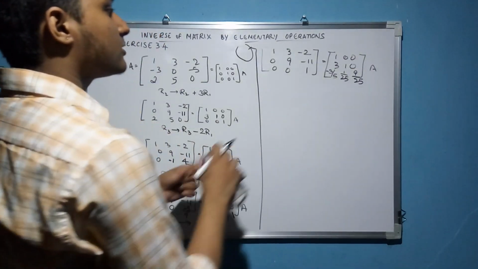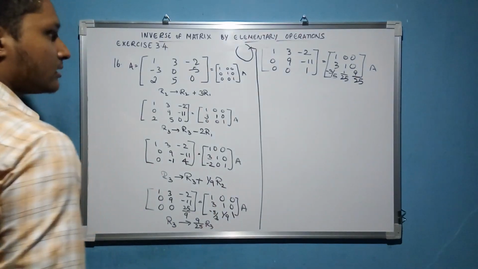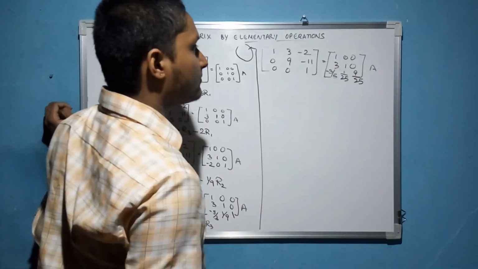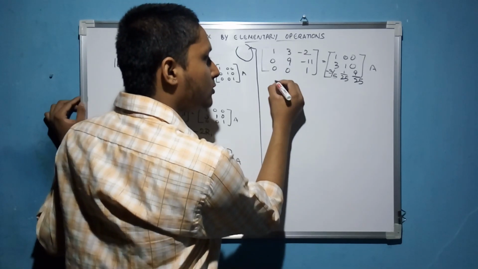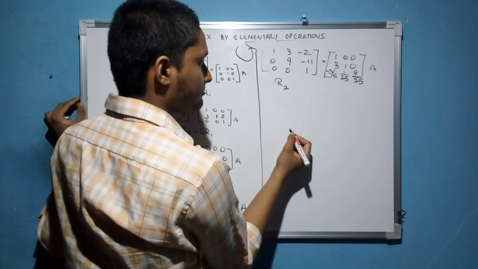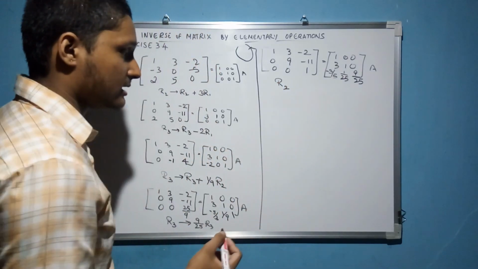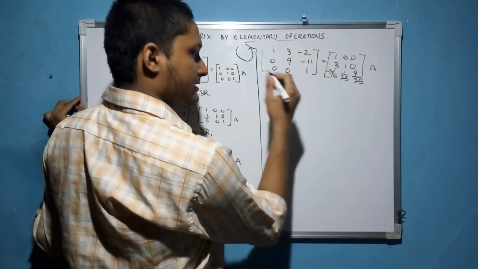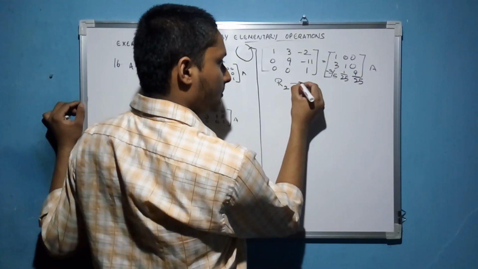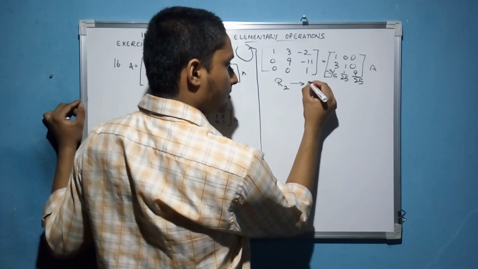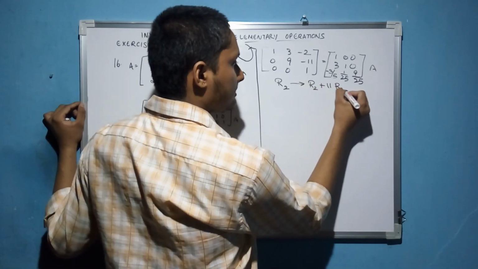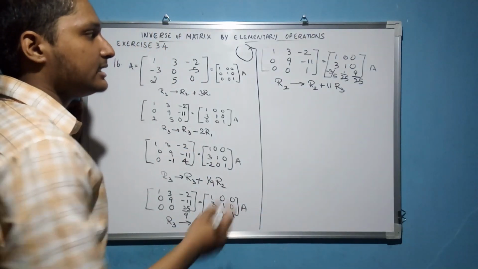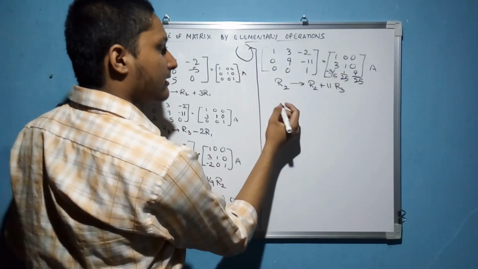The next step is to convert this into 0. In order to do that, we'll do an operation. R2 becomes R2 plus 11 times R3, in order to get rid of that 11.